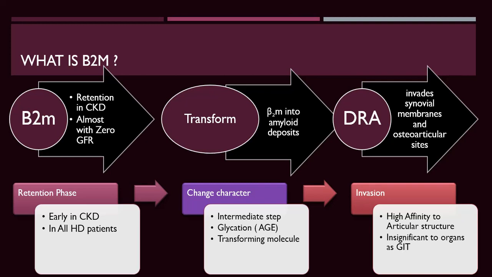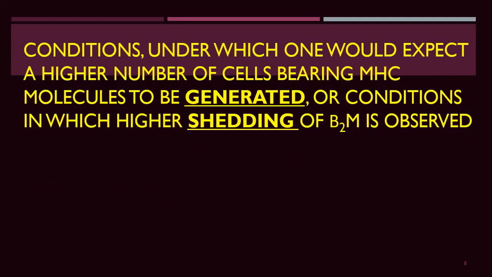So the dialysis-related amyloidosis is directly linked to beta-2 microglobulin, with insignificant adhesion to organs like the GIT. So it is mainly related to synovial membranes and osteoarticular sites. We will see why for these locations.